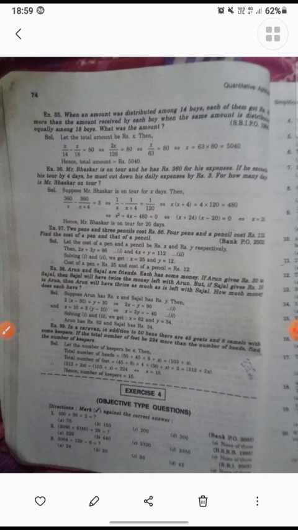Total number of feet is given as 224 more than the number of heads. 45 are goats, plus 8 are camels, into 4, because a goat has 4 feet and a camel also has 4, so 53 into 4, plus 50 plus x, because there are 50 hens plus keepers, and hens and keepers have 2 legs, so we multiply by 2.